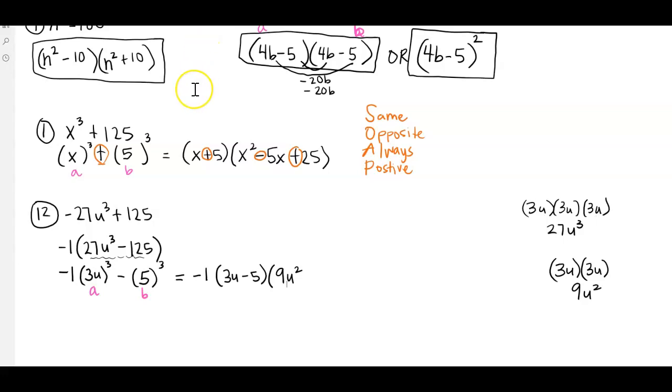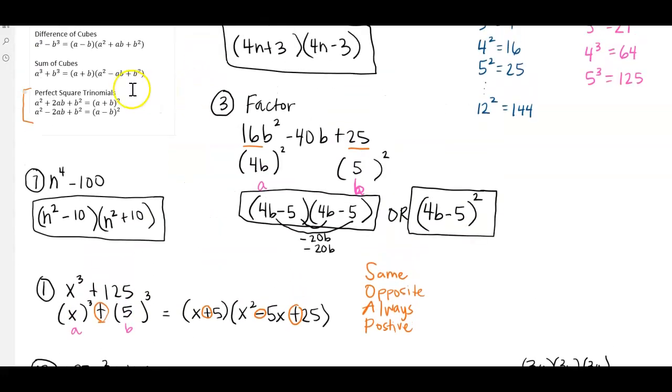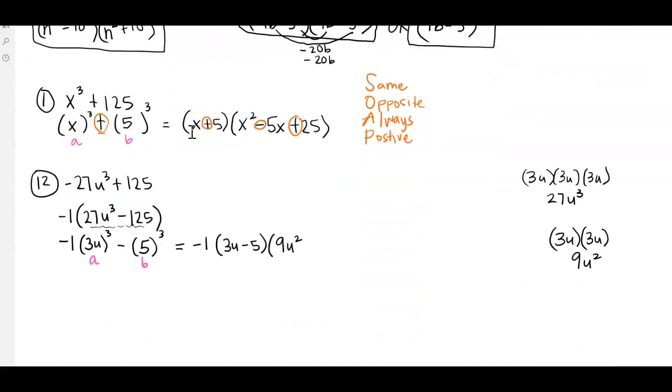All right, let me maybe go back up here and just make sure everybody's remembering. This is what we're doing right here. So I just did my a squared, and then I'm going to do my a times my b, and then my b squared. Okay, so my a times my b is the 5 times 3u, which is 15u.